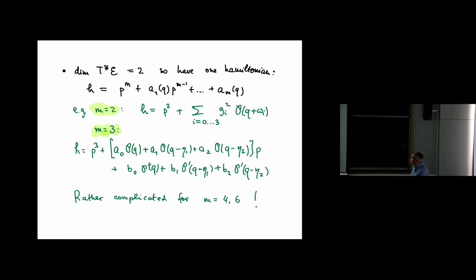It's possible, but not easy already, and for m equals 4 and 6 it's very difficult. So we used a different way of finding this H, because we know that it's the only global section. We're looking for global sections, and we find that up to an additive constant, the only global section has this form. So yes, there are Dunkl operators. H can be constructed by taking a complicated expression in terms of the Dunkl operators and then letting the spectral parameter go to zero. That's a more complicated story than the usual one.